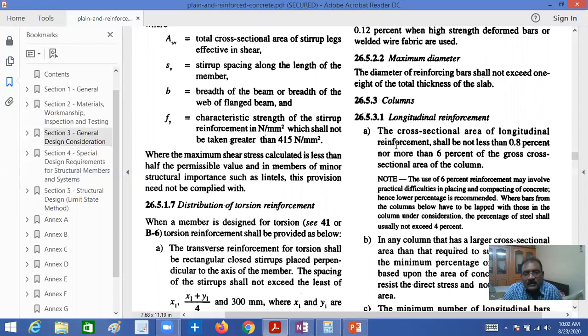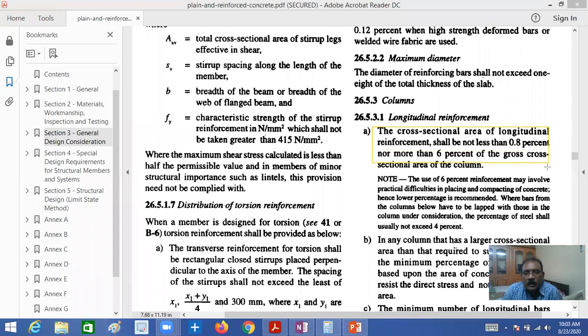That is what we are studying. Okay, 6% is given because of practical difficulties, otherwise 4%. But you remember this point, it is very important in the design, right? So you must remember always.